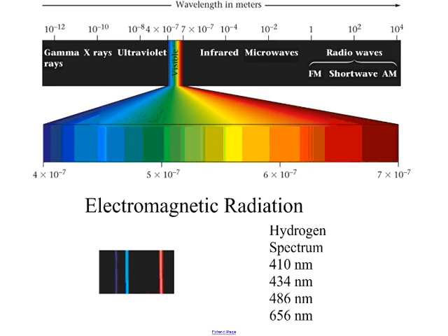So we can talk more about that in class. And then even farther down, we have radio waves and shortwave, FM and AM waves. Obviously, those kind of fill the air. So this electromagnetic radiation has a whole range of energies that go from very, very dangerous and harmful gamma rays to radio waves, which are relatively harmless to us.